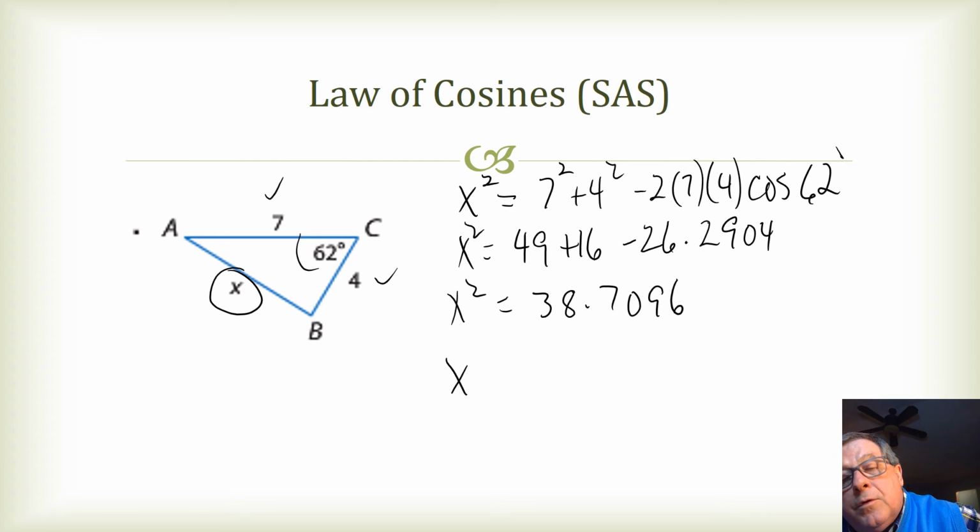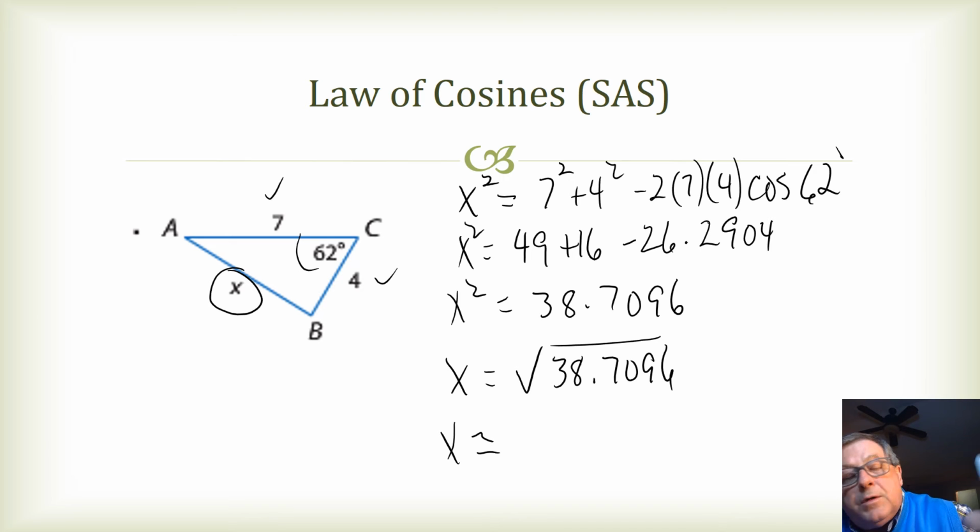Let's take the square root of both sides. So x is going to equal the square root of 38.7096, and x is approximately equal to 6.2 when we round it to the nearest tenth.